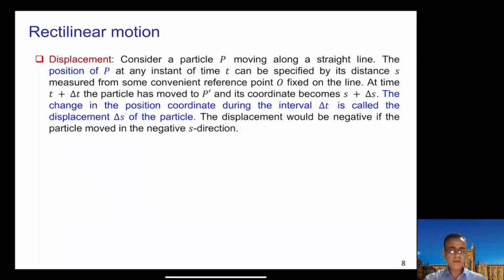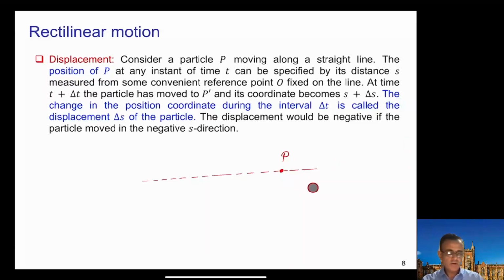Okay, so now we can discuss the most simple type of motion, which is what we call rectilinear motion. If you consider a particle, and assume that the particle is moving on this line here, and the particle is here at P, this is the location of the particle.